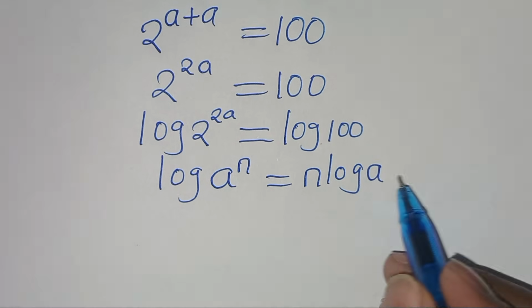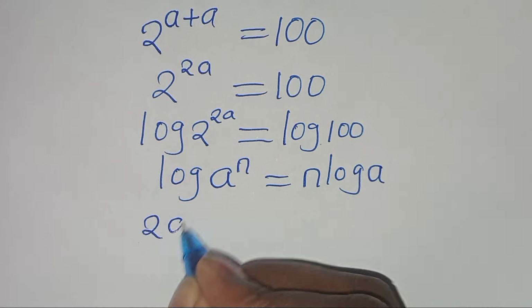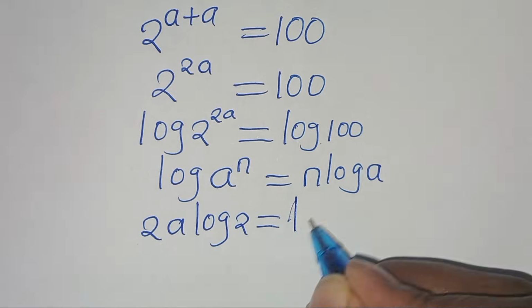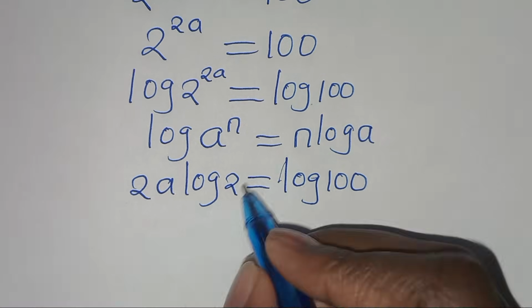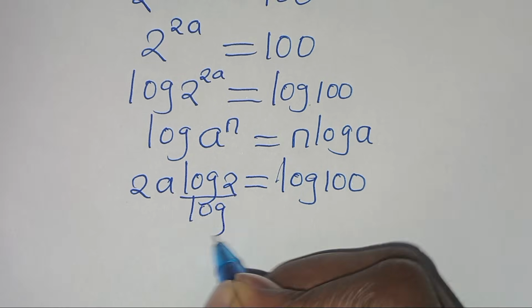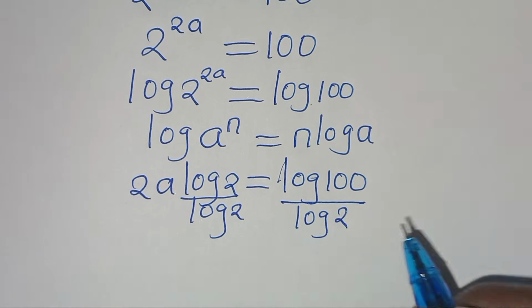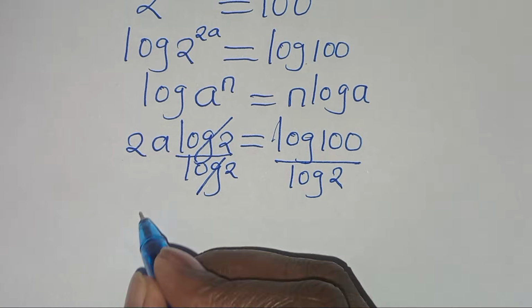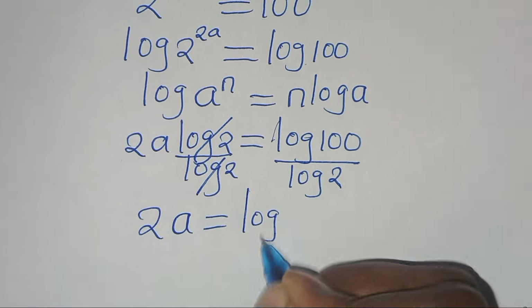Applying this power rule property, log 2 to the power of 2a can be expressed as 2a log 2. This is equal to log 100. Let's divide both sides by log 2. So let's simplify log 2 and log 2 here, so that 2a is equal to log 100 divided by log 2.